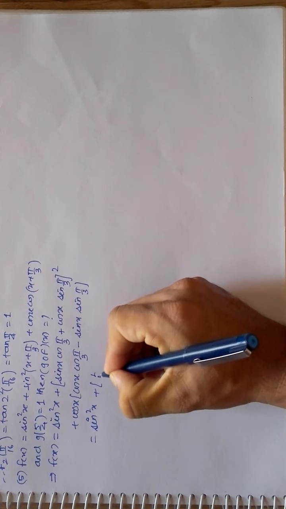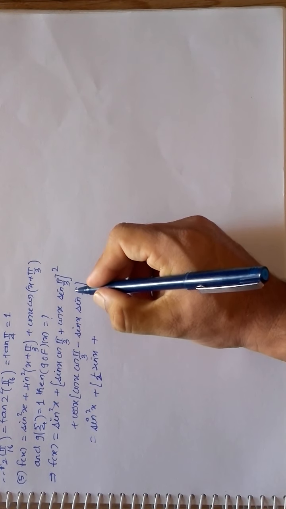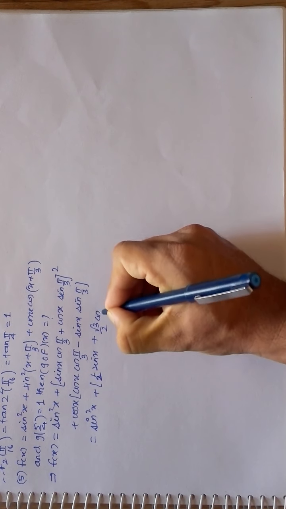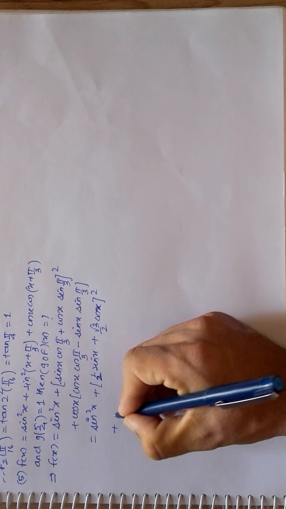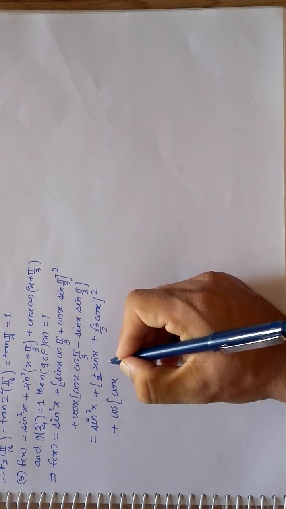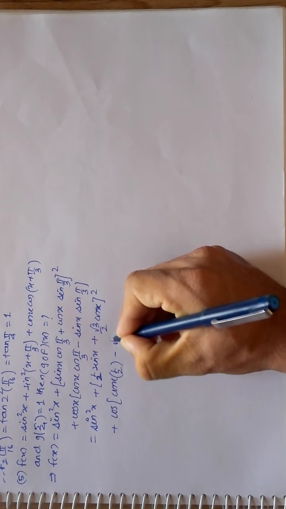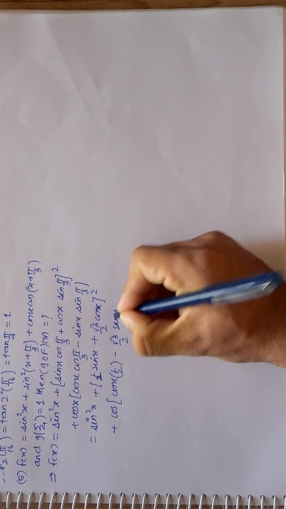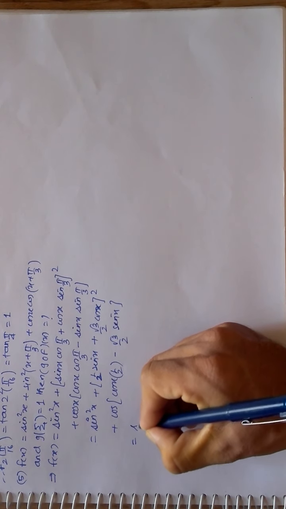So it is half sin x, and sin 60 is root 3 by 2, root 3 by 2 cos x, the whole square, plus cos x cos pi by 3, the same half, minus root 3 by 2 sin x. Agreed?